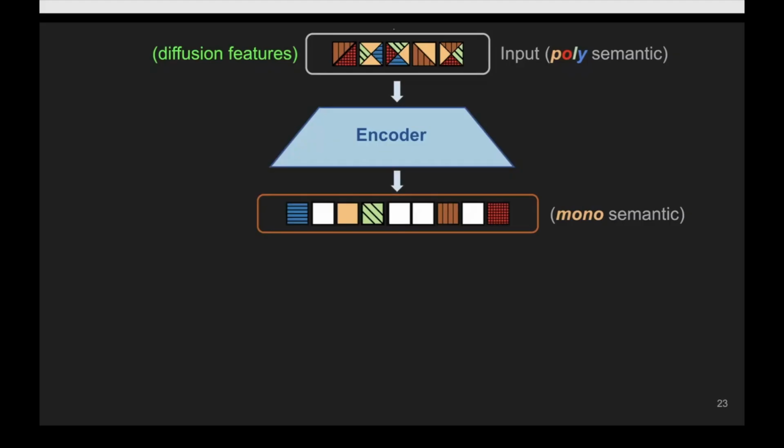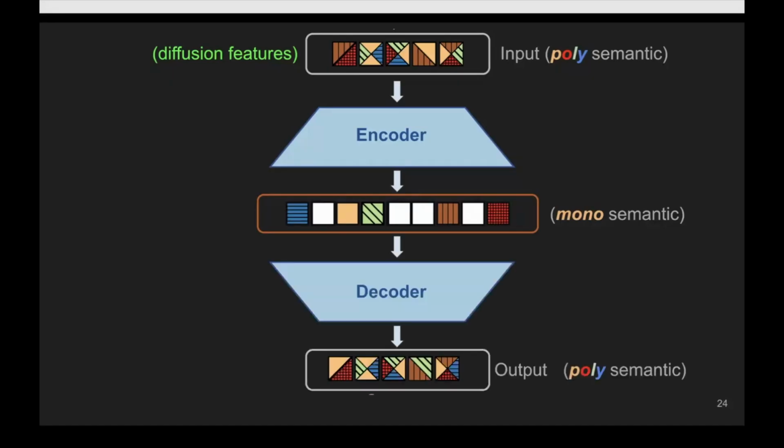The ideal hope is that this will break down into nice monosemantic representations. In addition to retaining the top k and setting the rest to zero, it's an autoencoder, so you also have the reconstruction loss. The output ends up being polysemantic, but what we are interested in is these hidden representations.